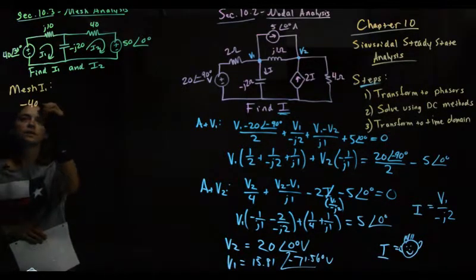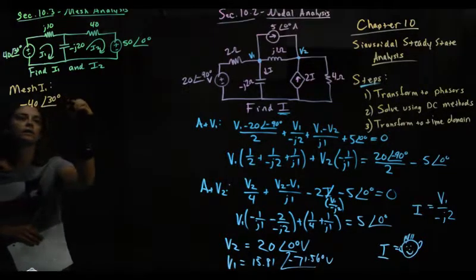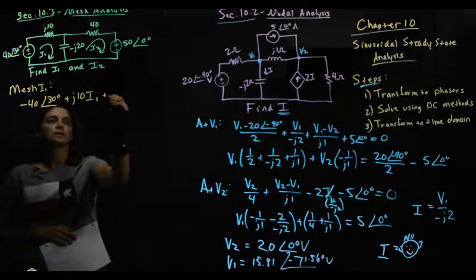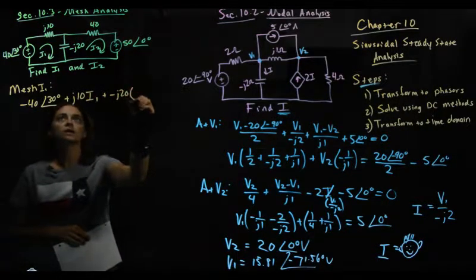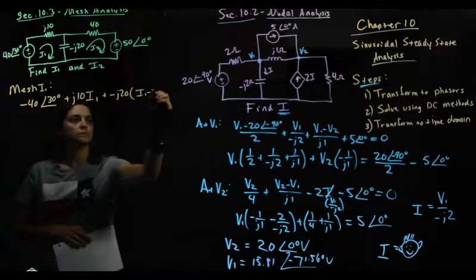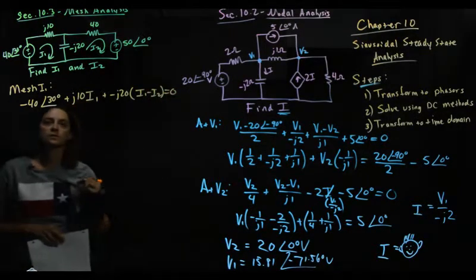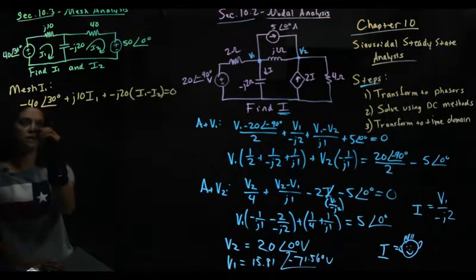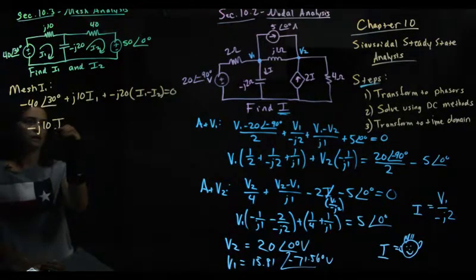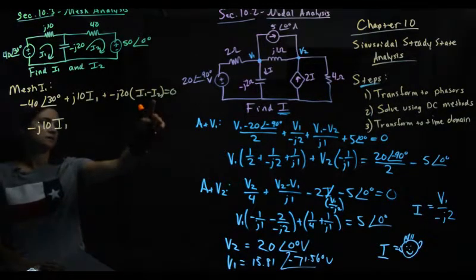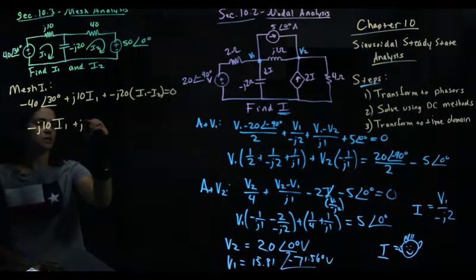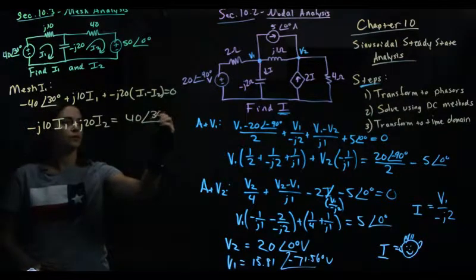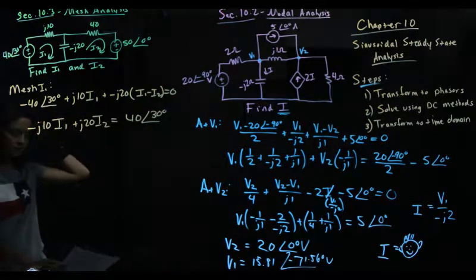We have minus 40 at an angle of 30, plus J10 I1, plus minus J20 times I1 minus I2, equals 0. Combine my like terms. I have a J10 and a minus J20, so I have minus J10 I1. This is my only I2 term, plus J20 I2 equals 40 angle 30 degrees. So there's my first equation.